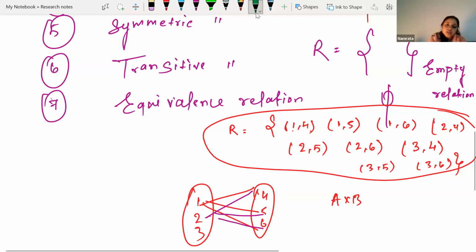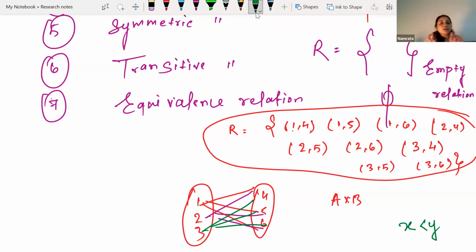Similarly, 3 with 4, 3 with 5, 3 with 6. So according to the given condition that x has to be smaller than y, we ended up getting all the ordered pairs, which equals the Cartesian product A cross B.